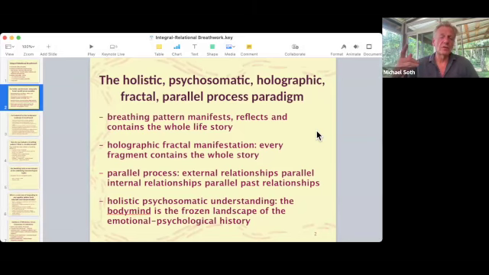Because what do you gain when you inhabit and enter the whole thing as a relational dynamic that you don't get in normal breathwork? You get information from more levels of parallel process, because, as it says in the third point here, external relationships parallel internal relationships, parallel past relationships.